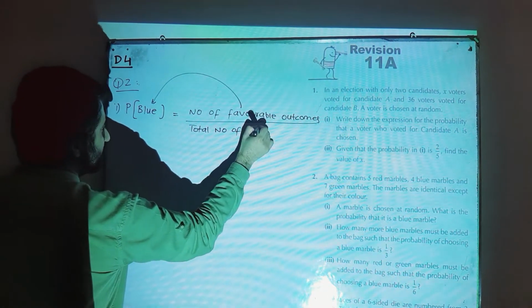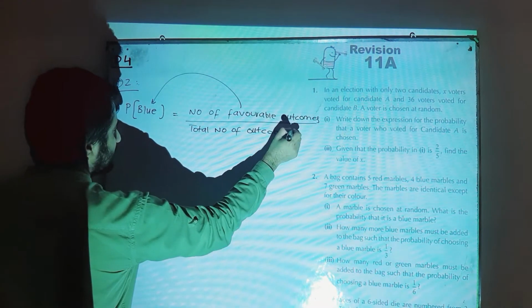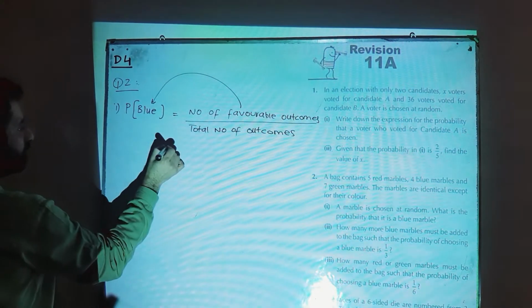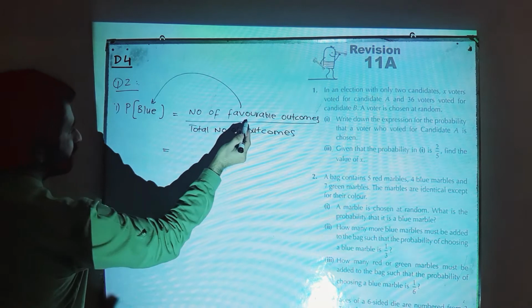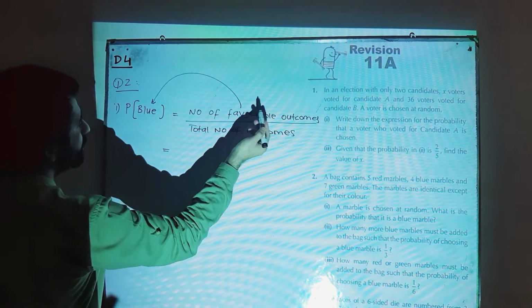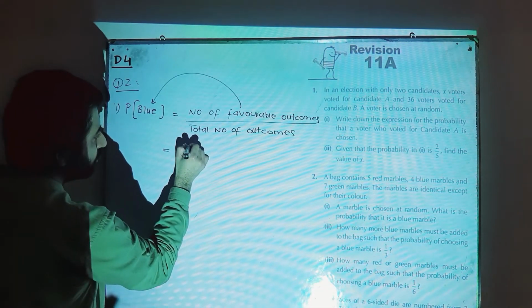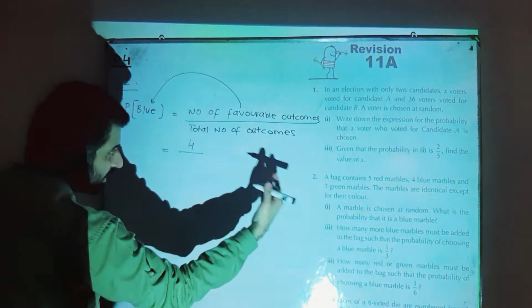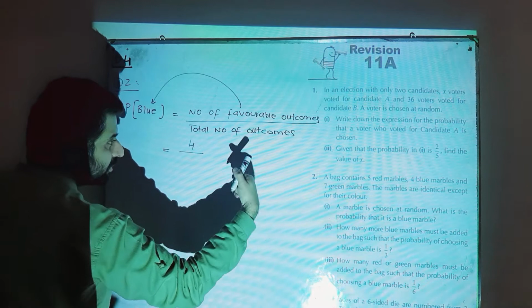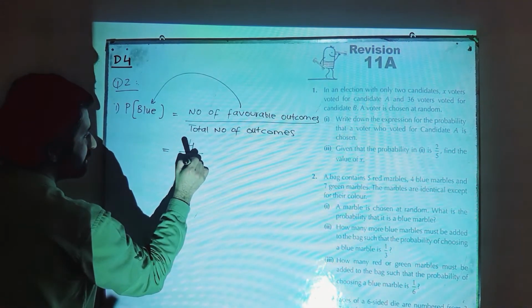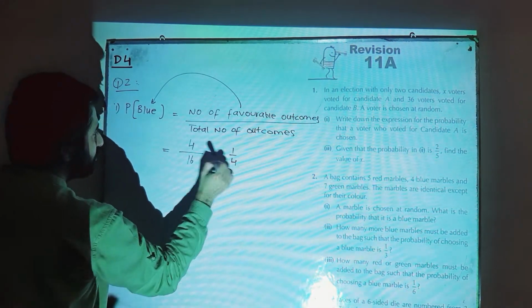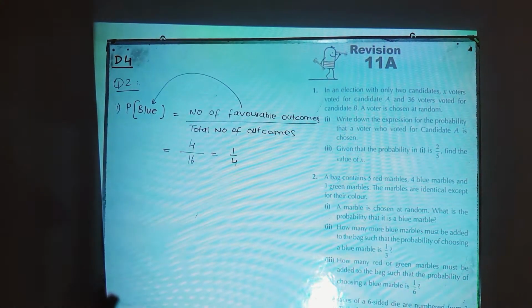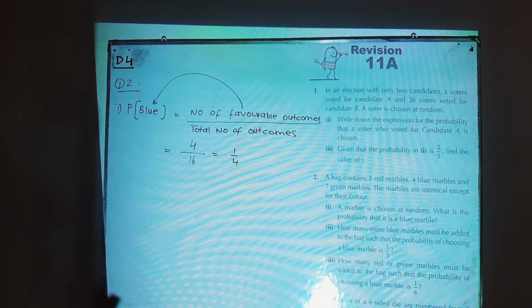So the probability of a blue marble is the number of blue marbles, which is 4, divided by the total number of outcomes. Add all the marbles: 5 red, 4 blue, 7 green, that is 16. So 1 by 4 is the answer for part number 1.